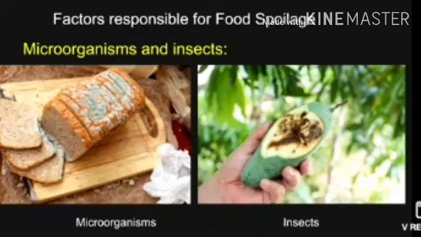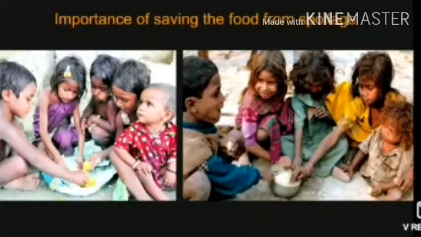Did everyone understand the reasons behind food spoilage? Now let's see the importance of saving food from spoilage. With the help of science and technology, India has shown great progress in the production of various foodstuffs like cereals, fruits, vegetables, fish, as well as milk and milk products. But even so, many people in our country and all over the world face the problem of starvation and hunger.